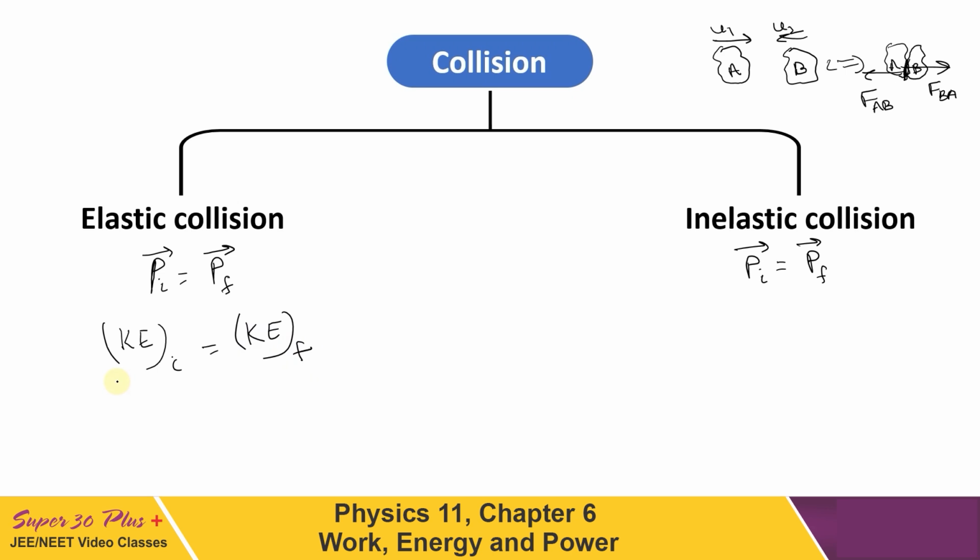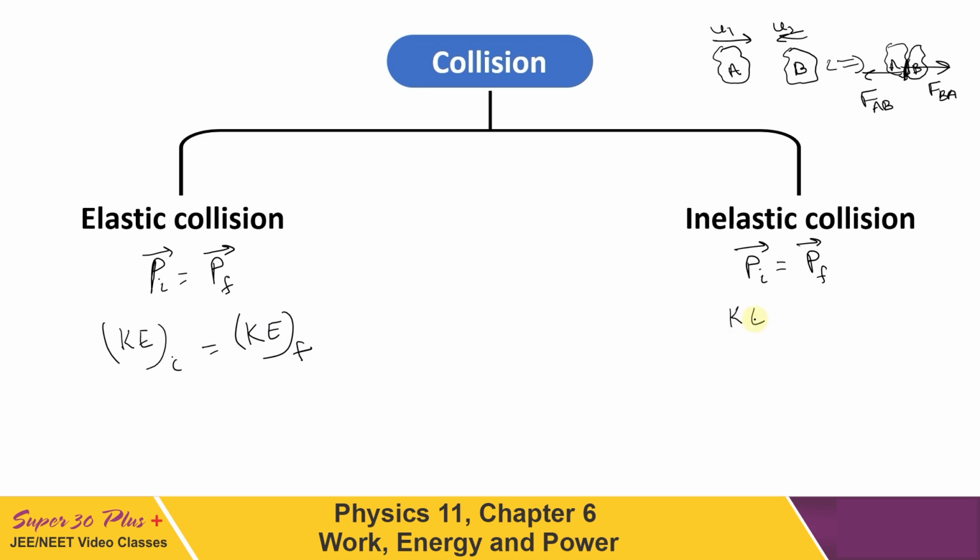Before and after collision, we can write kinetic energy initial equal to kinetic energy final, because whatever potential energy is stored during the moment of collision gets fully converted to kinetic energy in case of elastic collision. If it does not get converted into kinetic energy at all, and whatever deformation has been there during collision remains like this only, then it is called a completely inelastic collision.